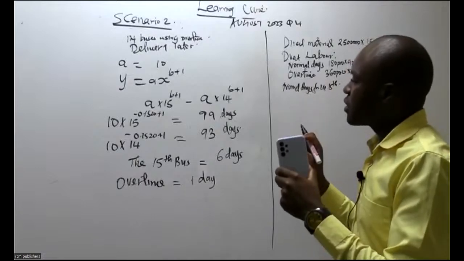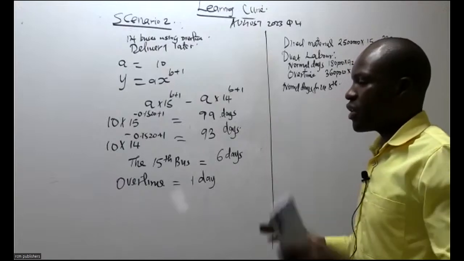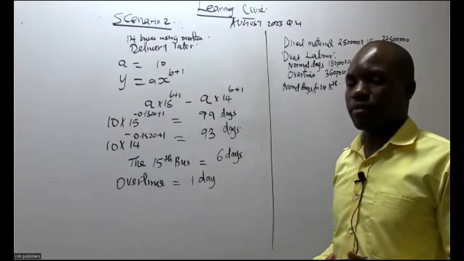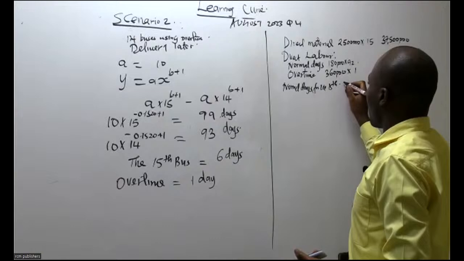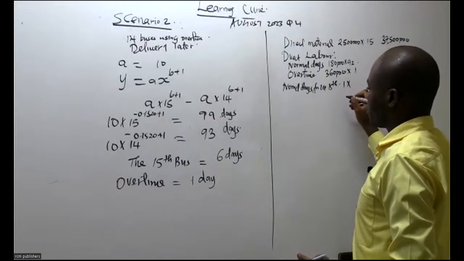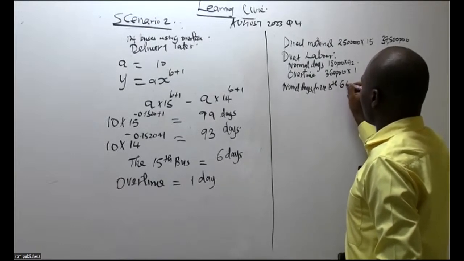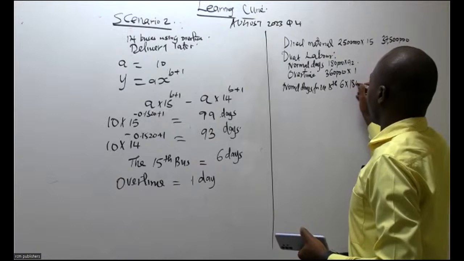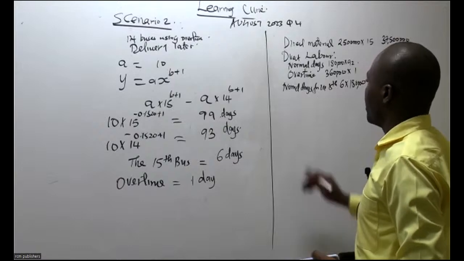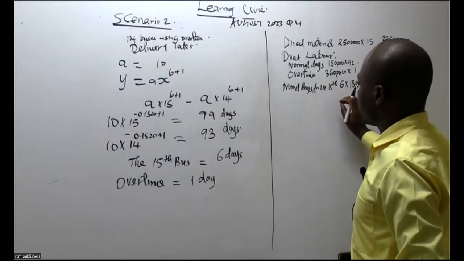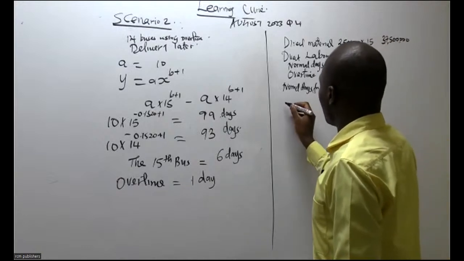You are going to deliver it later, yes, but just during the normal working hours. So I'll be taking that one bus multiplied by the number of days, which is 6, I multiply by the normal rate per day. So that one will give me the direct labor.